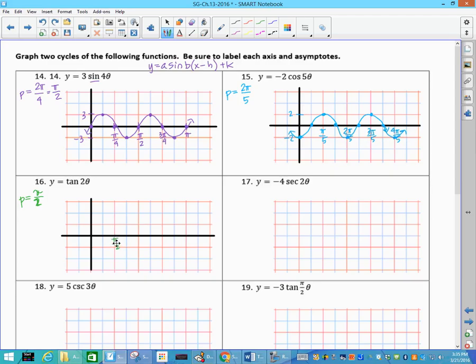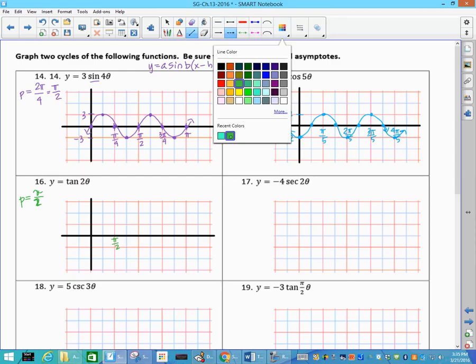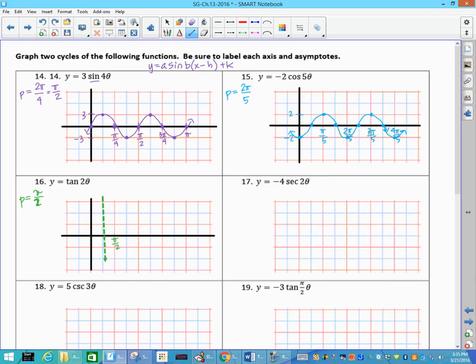And that meant that my asymptote on the tangent function was going to be half of that. So my asymptote's going to be here because my tangent function straddles it. So each of these blue ones is where I'm going to have my asymptote.